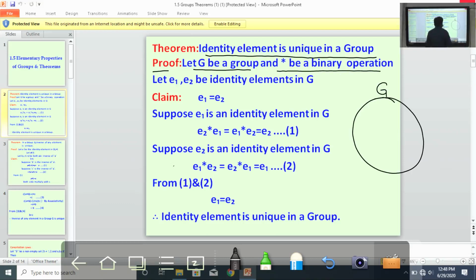This is the set. In this set, the identity element is only one and unique. Suppose I take like this, E1, E2, these two are identity elements in G. Let E1, E2 be identity elements in G.